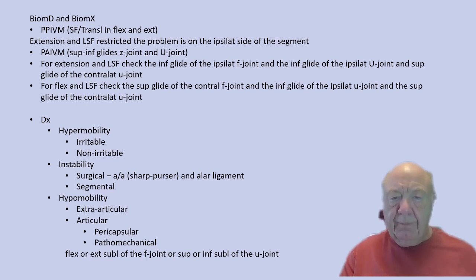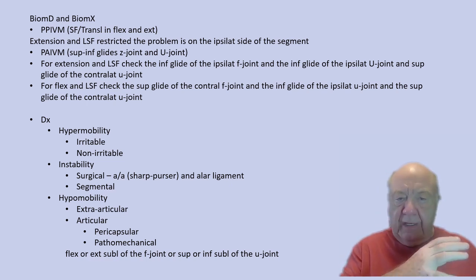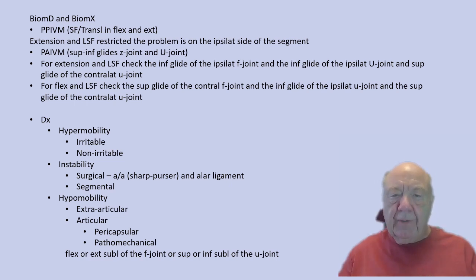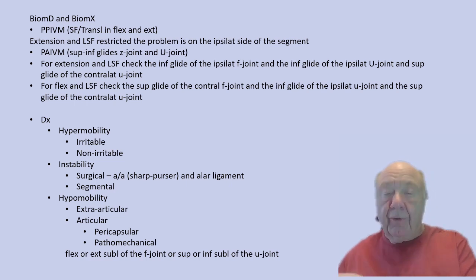So the PAIVM for that would be the supero-inferior glides of the zygapophyseal joint and of the U-joint, which are inferior and superior glides. Inferior for the ipsilateral side and superior glide for the contralateral side. So if this was an extension loss in left side flexion, we'll say it's at C3-4, then we'll check the inferior glide of the left C3-4 facet joint, the inferior glide of the left uncovertebral joint at C3-4, and the superior glide of the contralateral U-joint at C3-4 again.